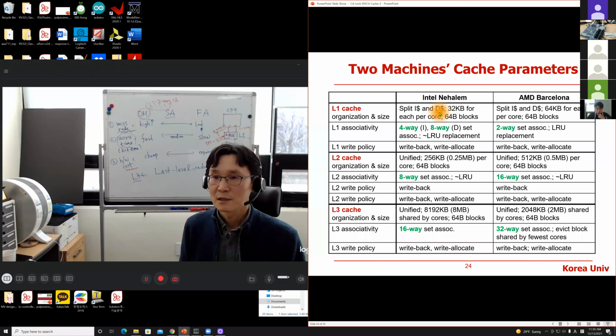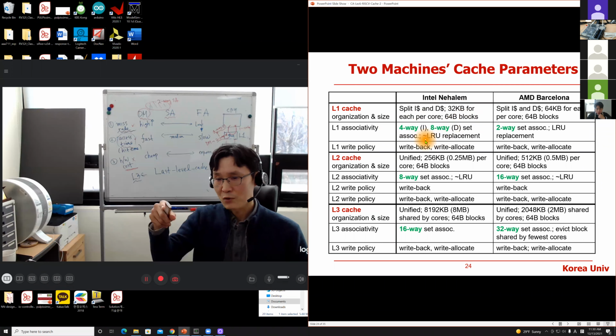And associativity: 4-way set associative for the instruction cache and 8-way set associative for the data cache. And replacement policy, pseudo LRU, and write back, write allocation policy. I explained that to you.